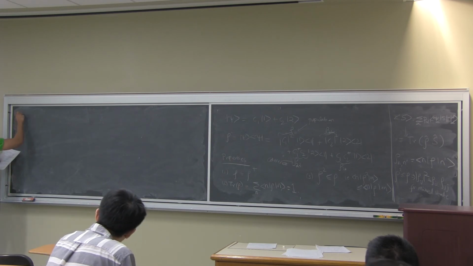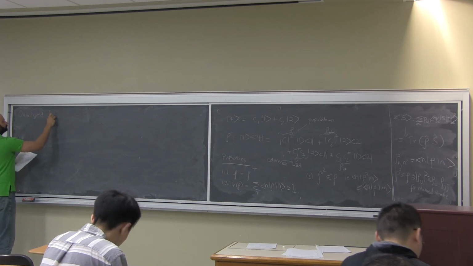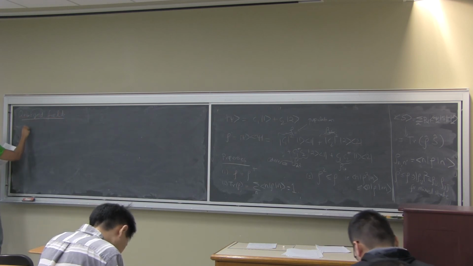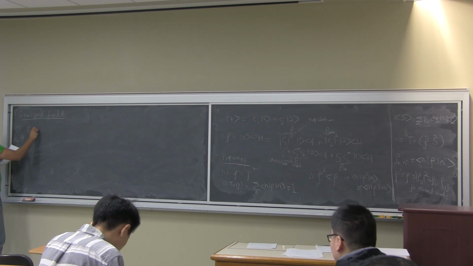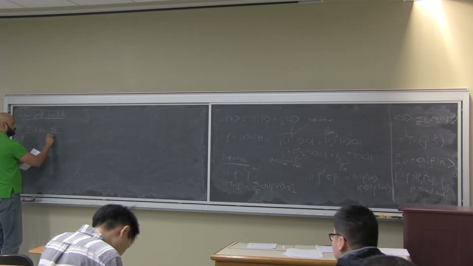So now going back to the quantized field picture for electromagnetic waves, we'll just write down the operators again. E of r comma t is a summation over k lambda.